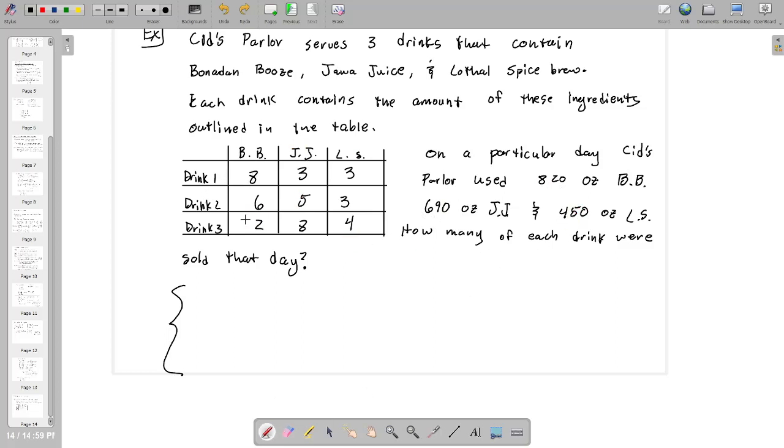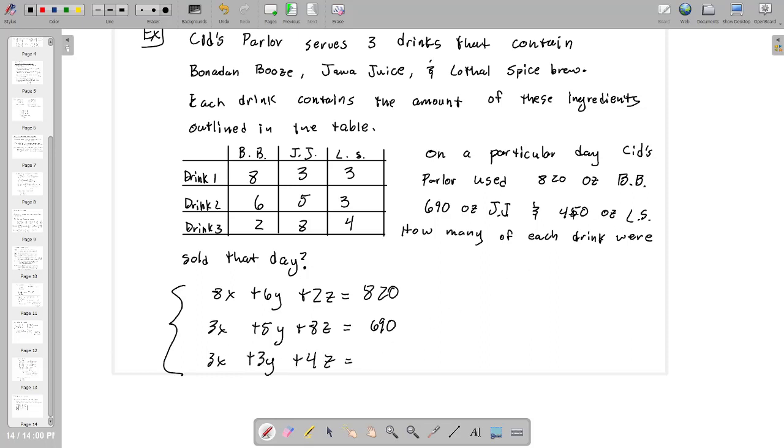So this will be 8x plus 6y plus 2z is equal to 820 because that's how many ounces of Bonneton booze we used. 3x plus 5y plus 8z is equal to 690. And then 3x plus 3y plus 4z is equal to 450.